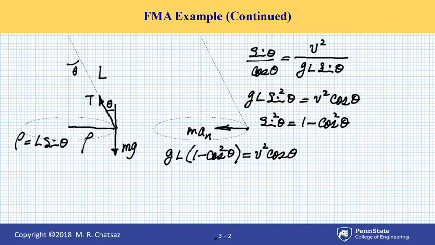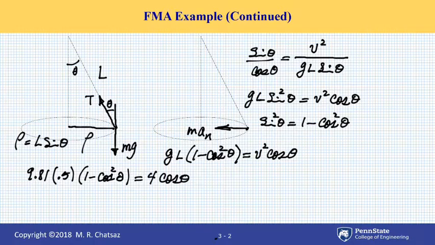If I plug in for the given values, g is 9.81, length of the cable is 500 millimeters or 0.5 meters, times 1 minus cosine squared theta, equal to speed of 2 meters per second squared, which gives me 4 cosine theta.